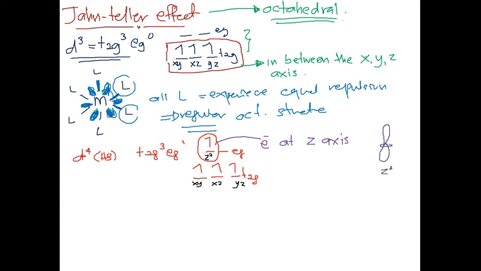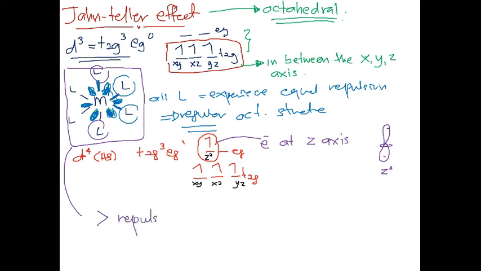So it means that based on this octahedral structure, the z axis will have more repulsion, sebab ada the electrons untuk metals ni dia duduk dekat z axis.